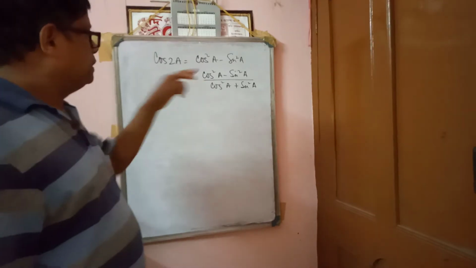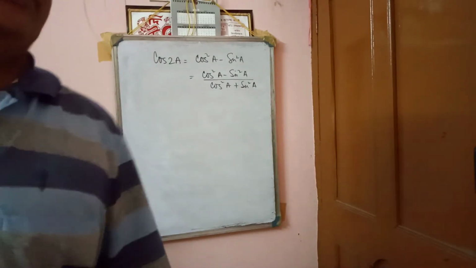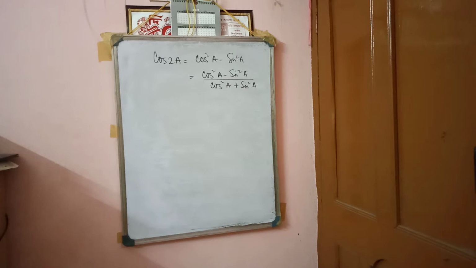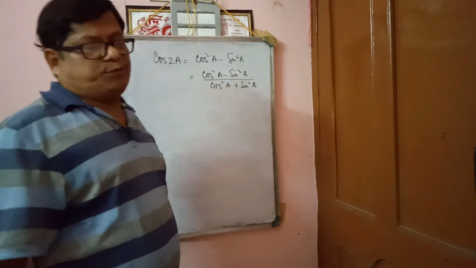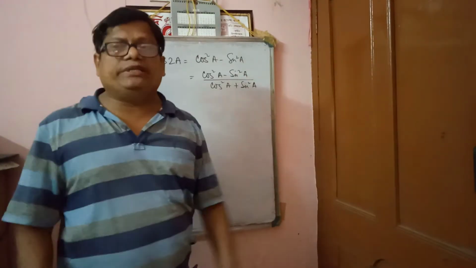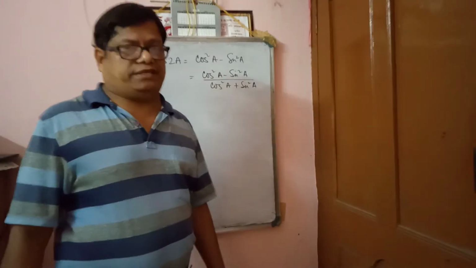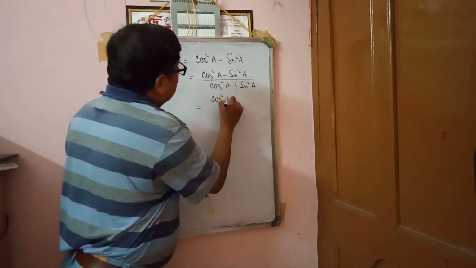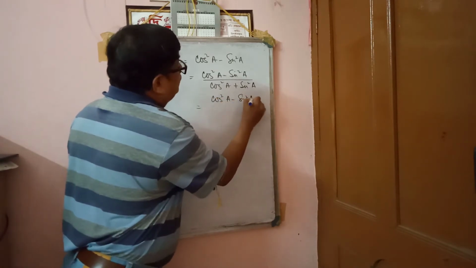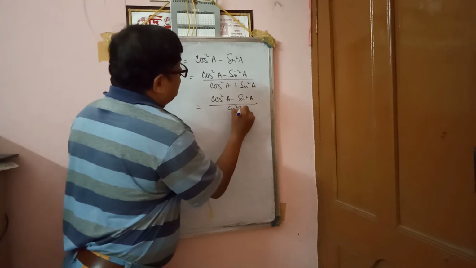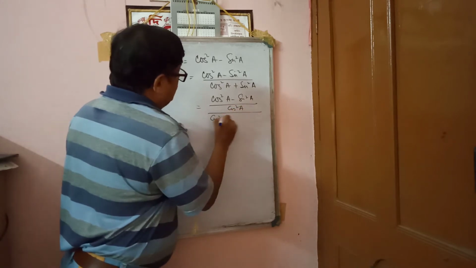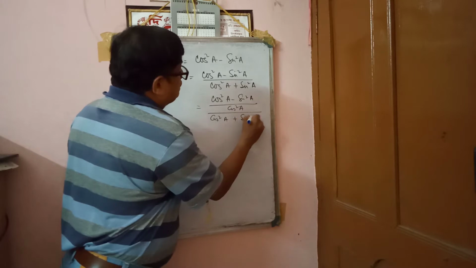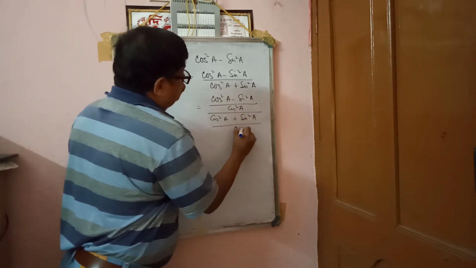Similarly, dividing both the numerator and denominator by cos square a: cos square a minus sin square a by cos square a, divided by cos square a plus sin square a by cos square a.